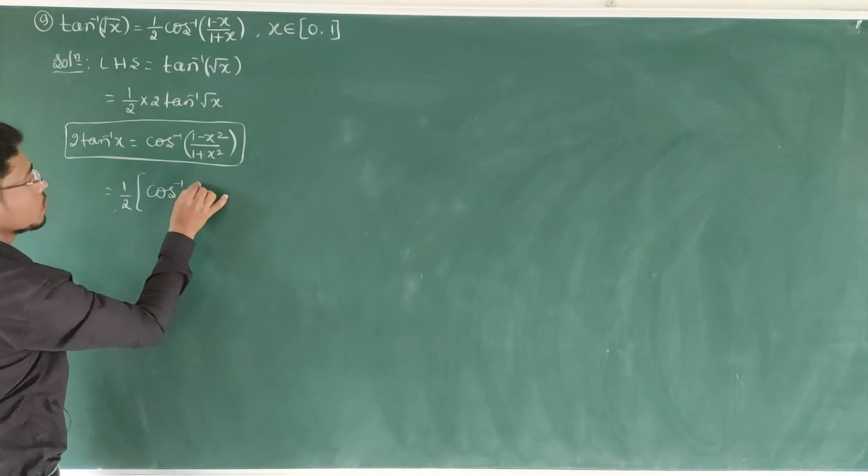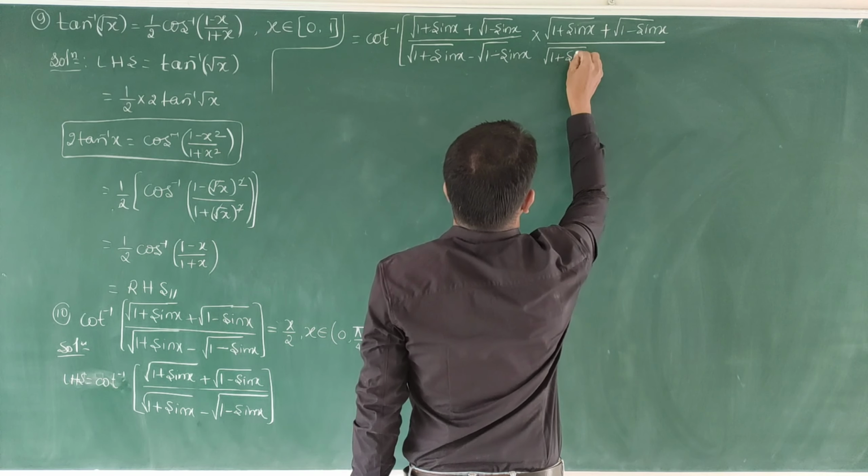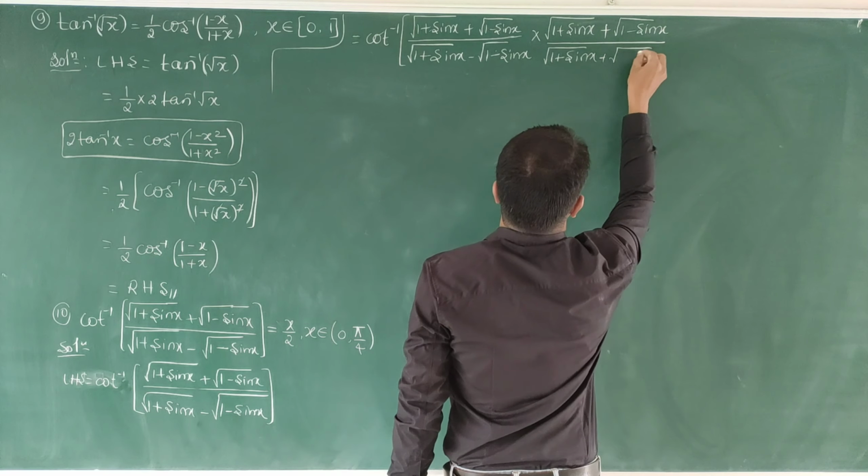So LHS is equal to cot inverse of root 1 plus sin x plus root 1 minus sin x, upon root 1 plus sin x minus root 1 minus sin x, into the opposite term, that is root 1 plus sin x plus root 1 minus sin x, and the same thing in the denominator.